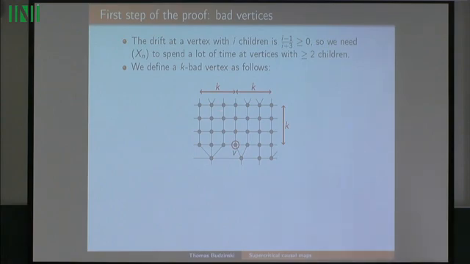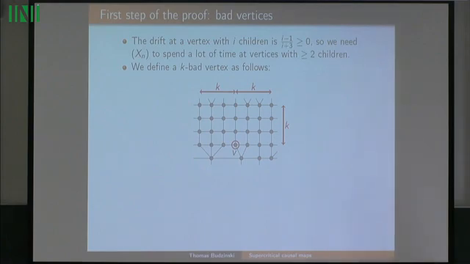So let's first look at the local drift at each vertex of my graph. Assume that I look at a vertex with I children. Then it has one neighbor on the left, one on the right, one parent in the bottom, and I children on the top. So the local drift at my vertex is equal to (I-1)/(I+3). In particular, since all the vertices have at least one child, this local drift is always non-negative, which is very convenient.